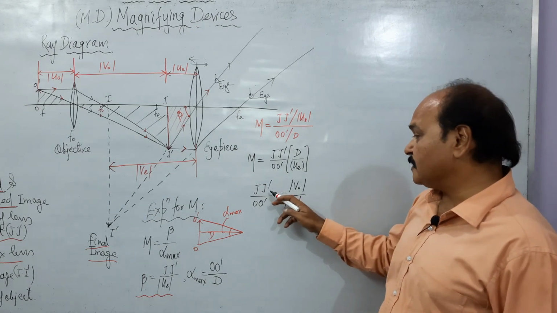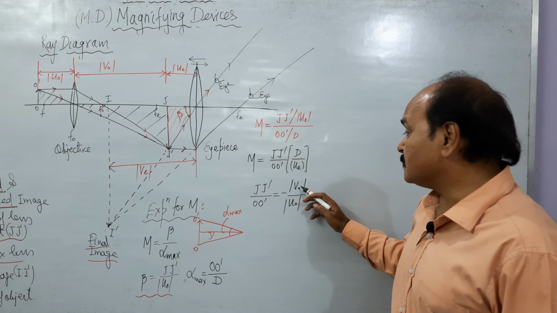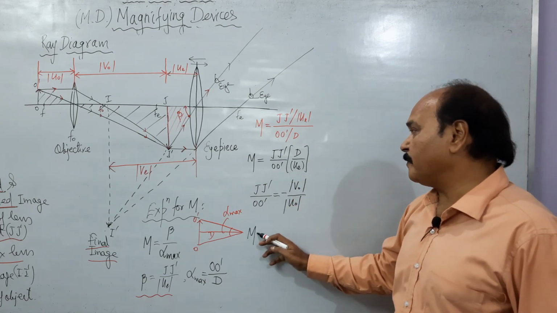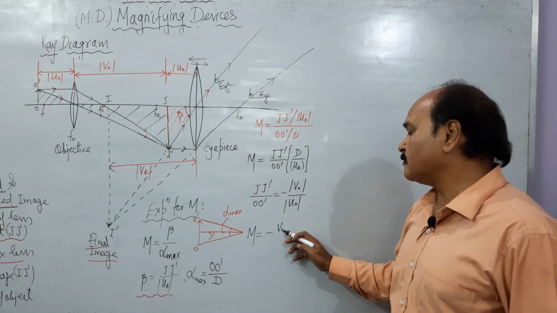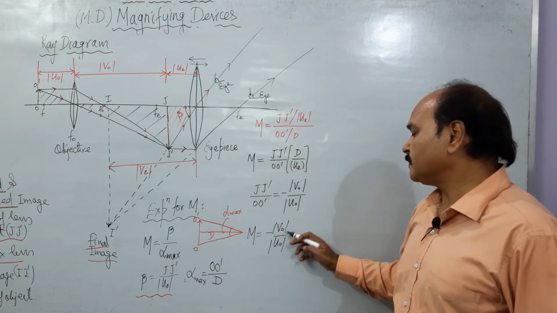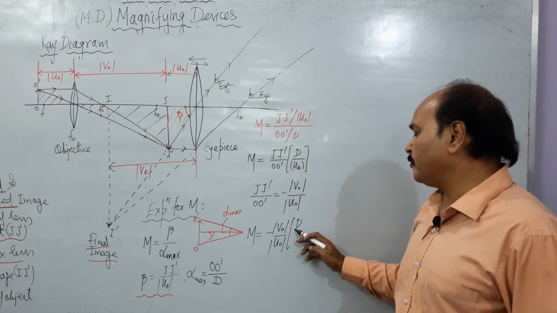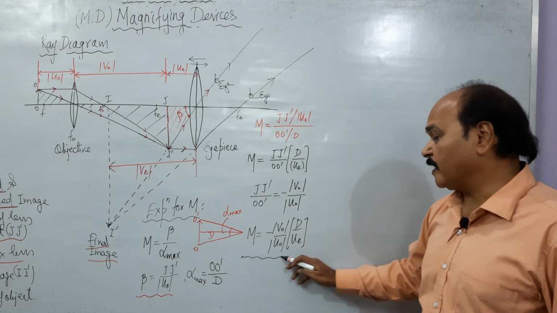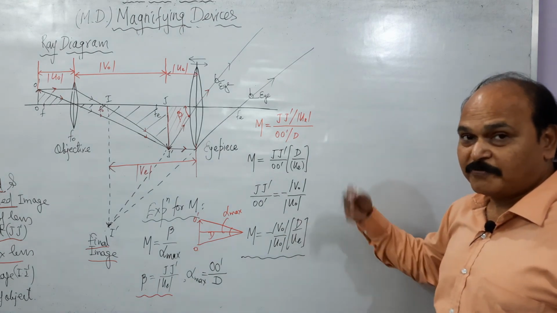And if we substitute JJ dash upon O dash as V naught upon U naught with minus sign here, we get M as minus V naught upon U naught, and then we have D upon UE. This is the expression for M, and it is going to be further simplified.